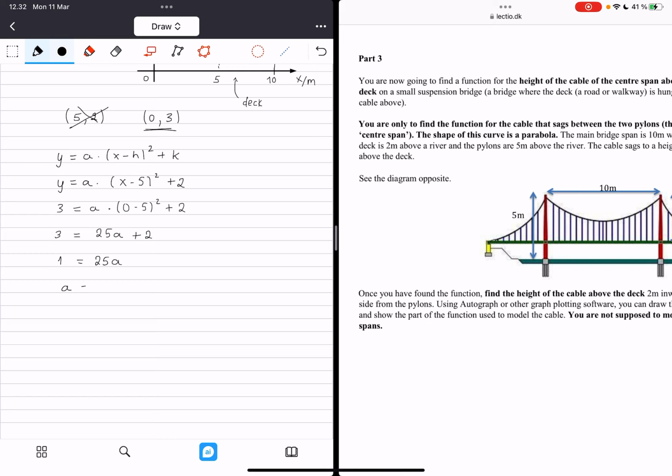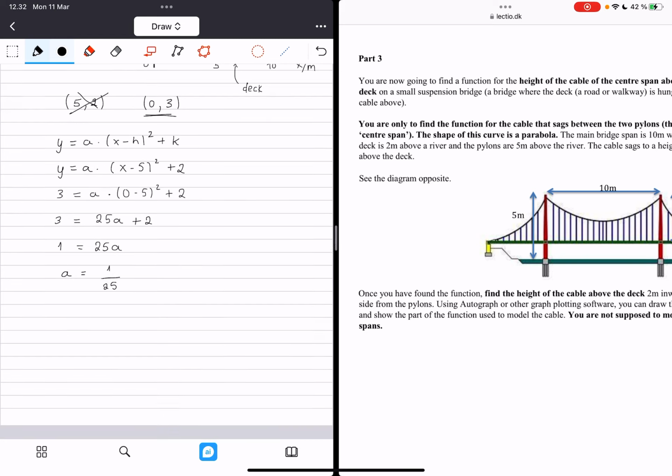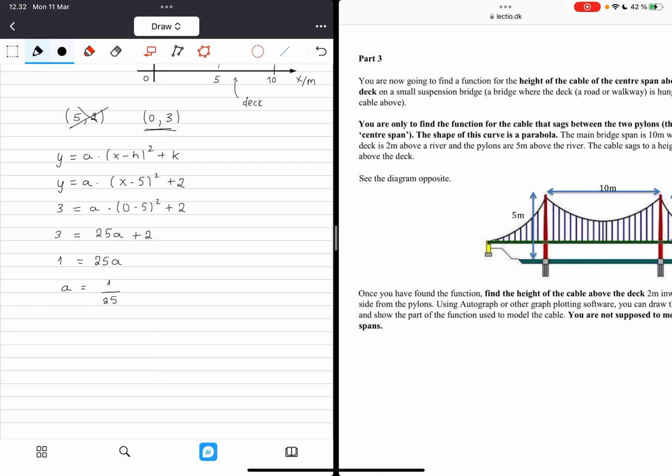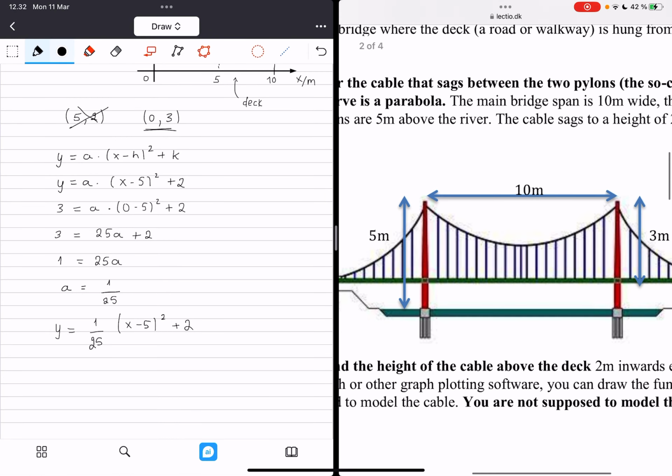And at the end of the day, your a is 1 divided by 25. Now, summarizing your results, that would give you that a is 1 over 25. So y equals 1 over 25, x minus 5 squared plus 2. That is the function that describes the cable here.